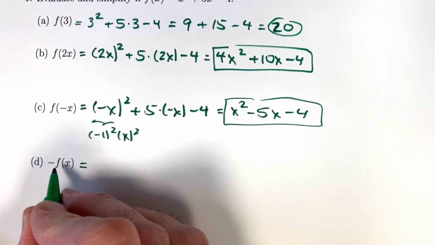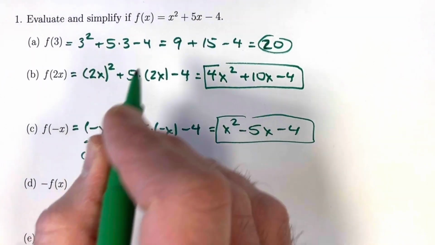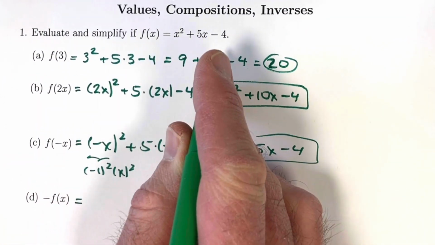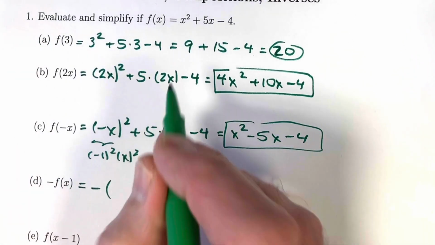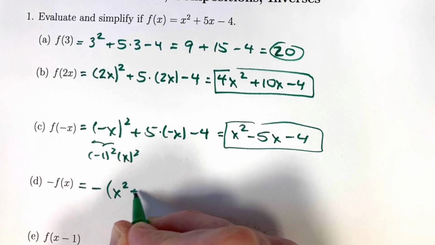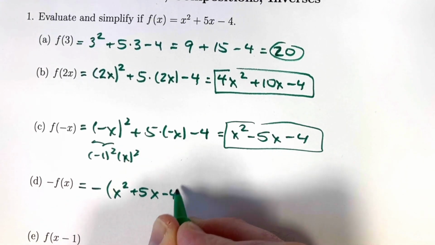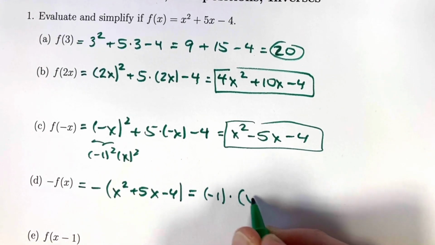How about if the negative sign is outside the f, in front of it? Then you need to negate the entire output. You need to have the minus sign in front of the entire formula, giving you the output of f when you plug in x. So you get this. And when you have a negative in front of something like this, that's really the same as negative 1 times that expression.